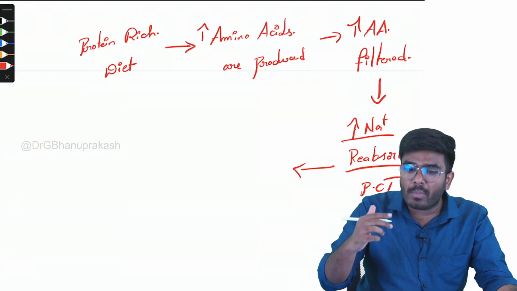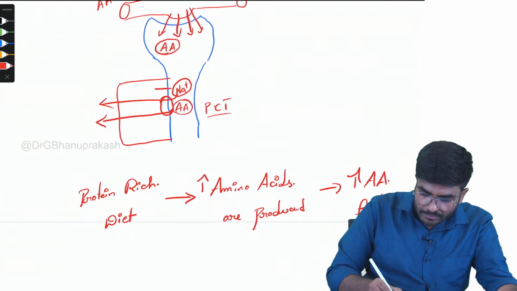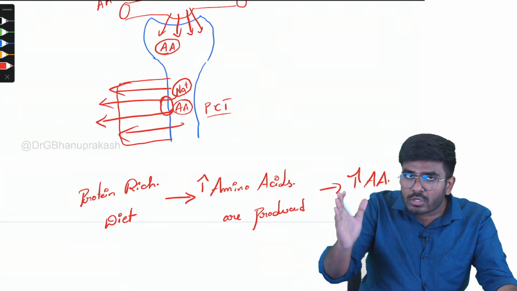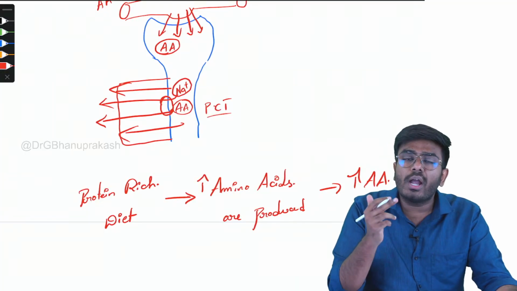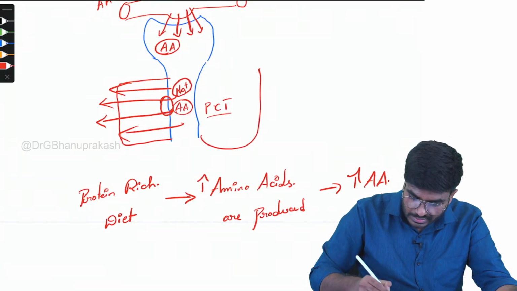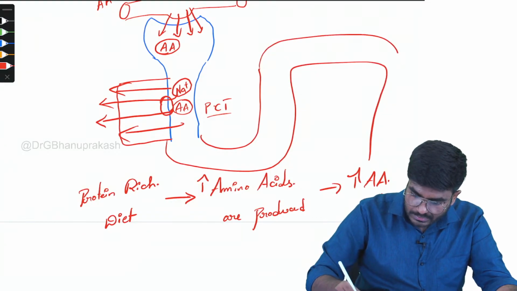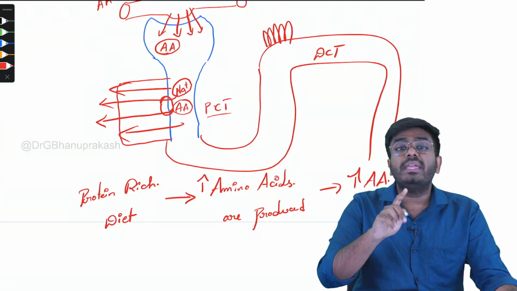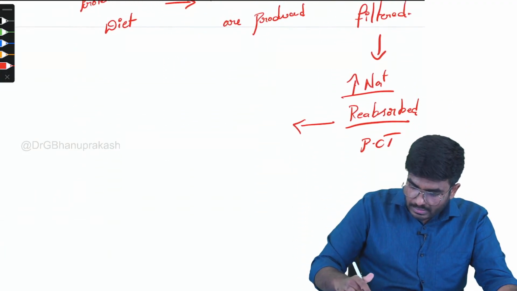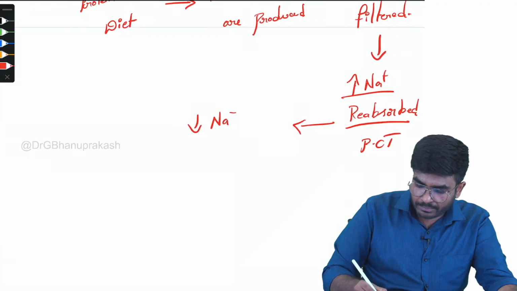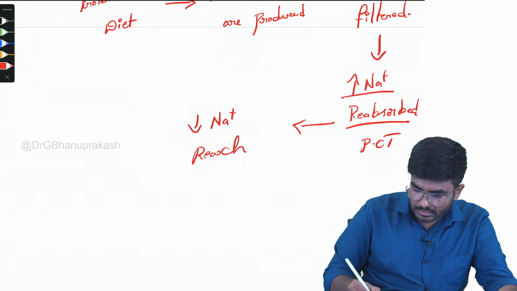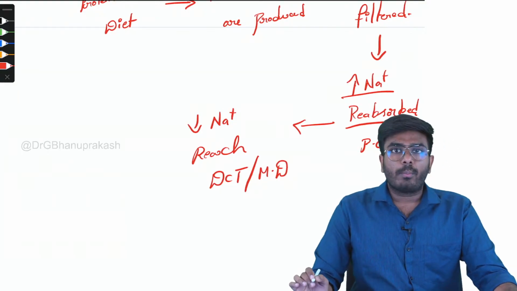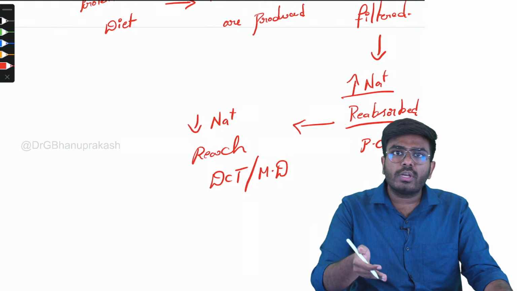Here is the DCT, here is the macula densa. If more sodium is being reabsorbed in the PCT, less sodium will reach the DCT or macula densa. So now the macula densa is saying, oh my god, less sodium is coming.